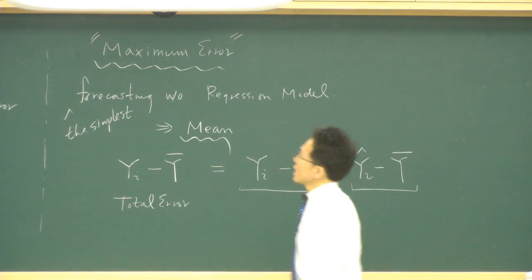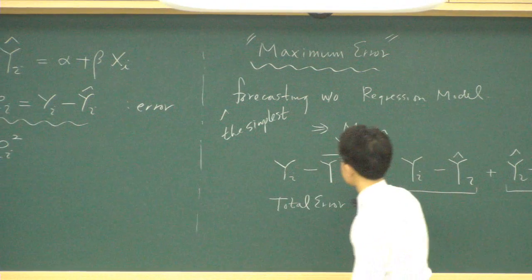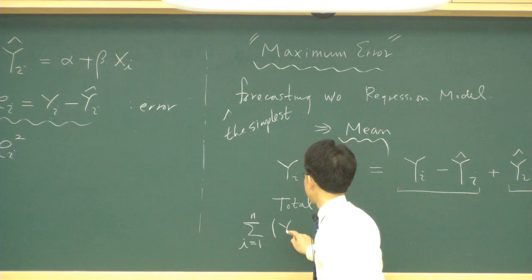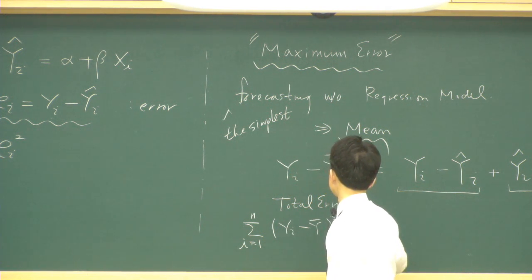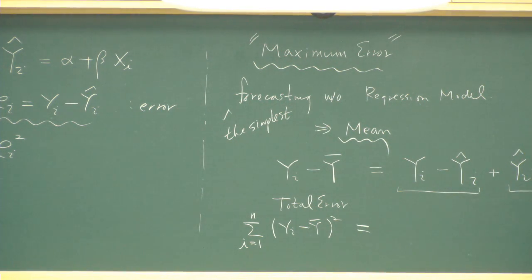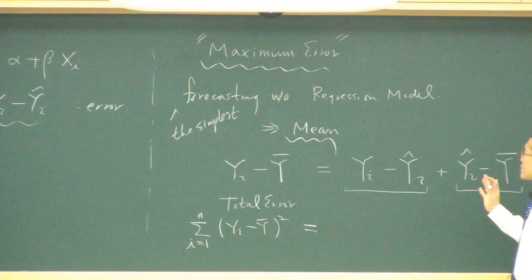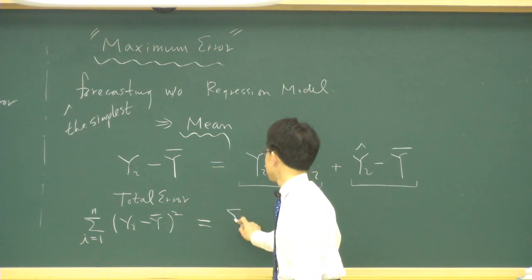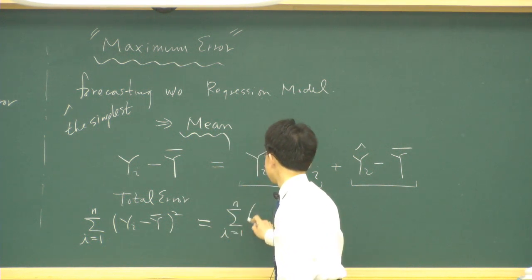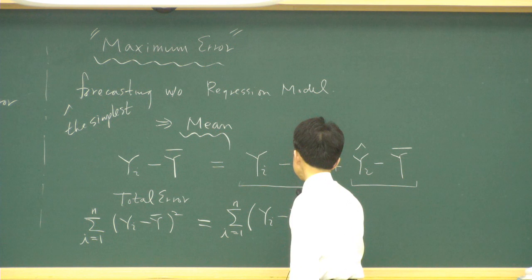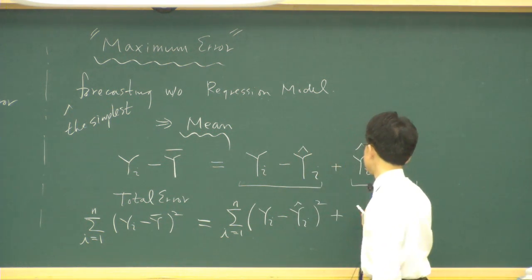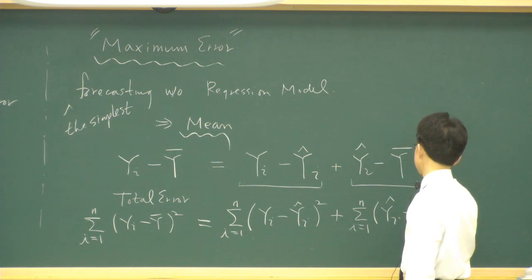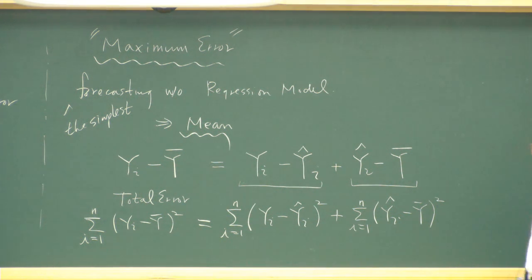So now I want to take squares. In other words, I want to take the sum of yi minus y bar squared, and I take the same thing. But it turns out that because of some statistical independence, what we will have is something like this. You can actually show this happens. Square, and this one is going to be the sum of yi hat minus y bar squared.